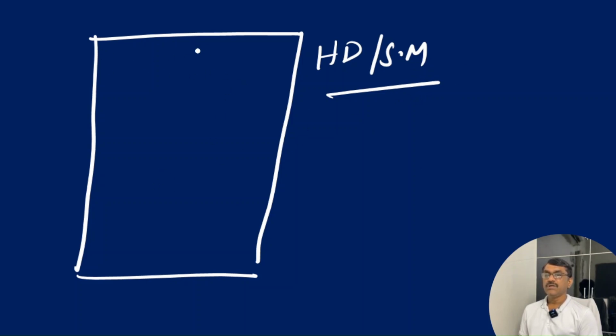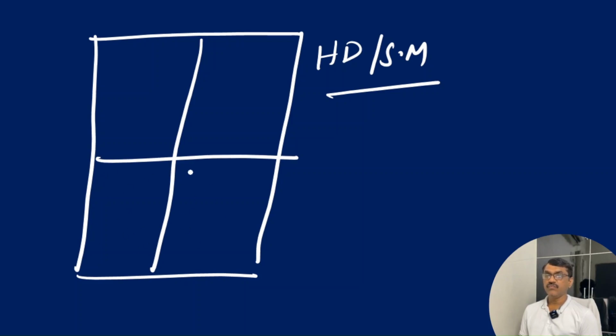We know that when you talk about abstraction, assume that the memory is divided into four partitions. This is the C drive, the D drive, the E drive, and the F drive. Initially, the entire hard disk or secondary memory is divided into four parts.